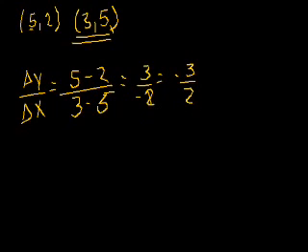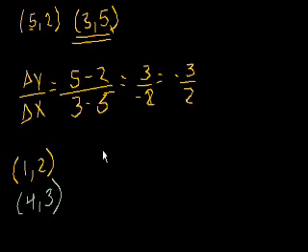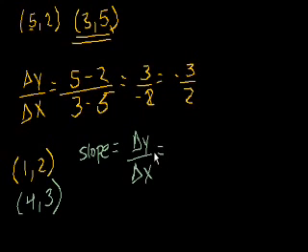Let's do another one. And this time I'm going to try to make it color-coded so it'll be more self-explanatory. Say it's (1, 2), that's the first point. And then the second point is (4, 3). So once again, we say slope is equal to change in y over change in x. For the change in y, we take the first y, let's start here, and we'll call that y1.